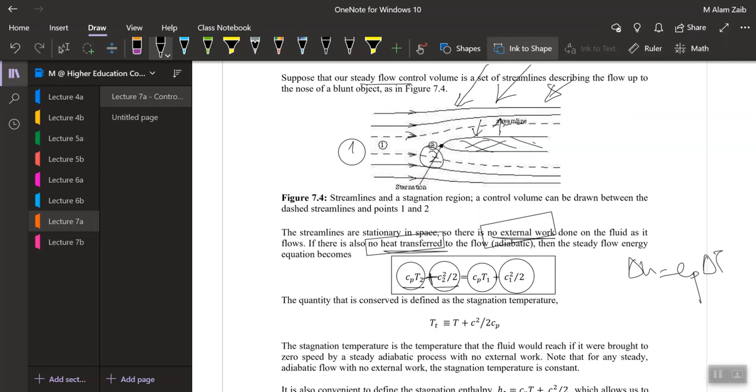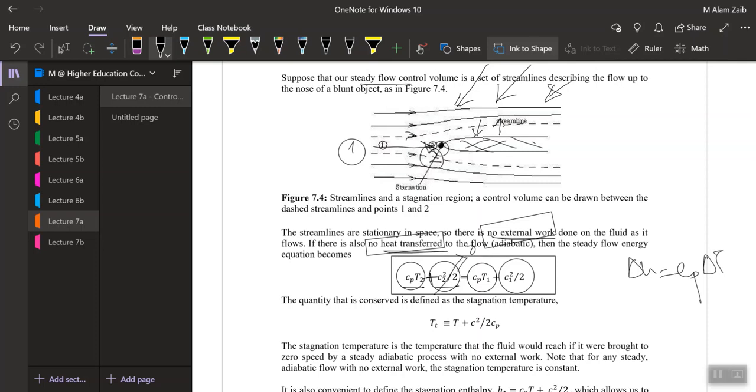For the stagnation point, what is actually the stagnation point? The stagnation point is when the air or any fluid just hits the nose of the blunt object, state 2. When it hits the state 2 point, imagine that at that particular instant the velocity becomes zero.